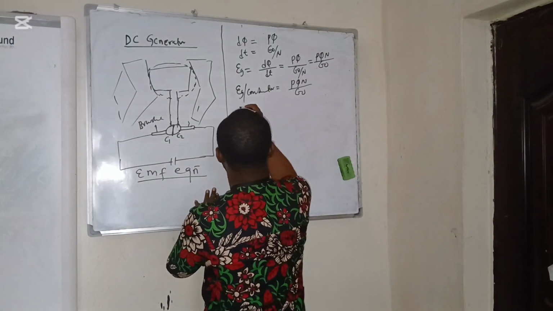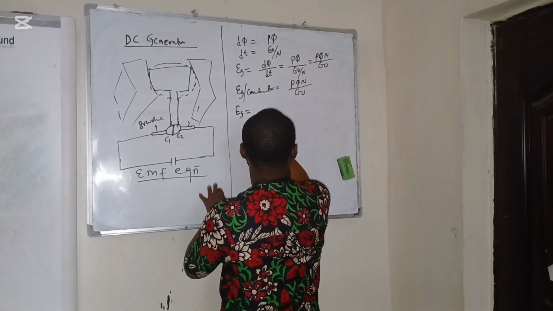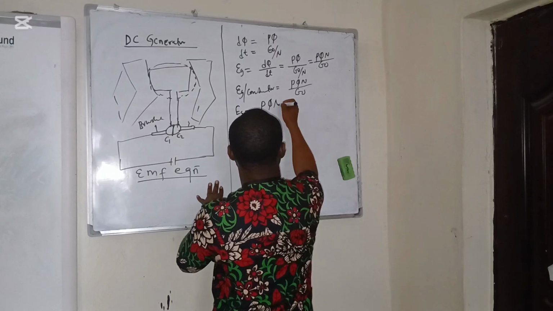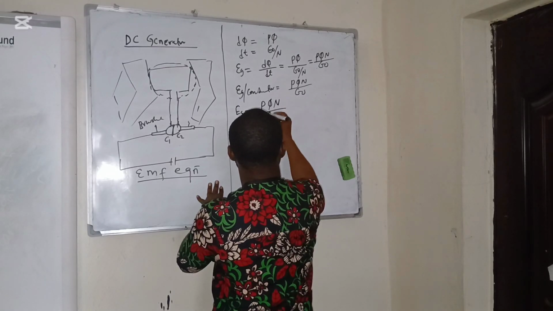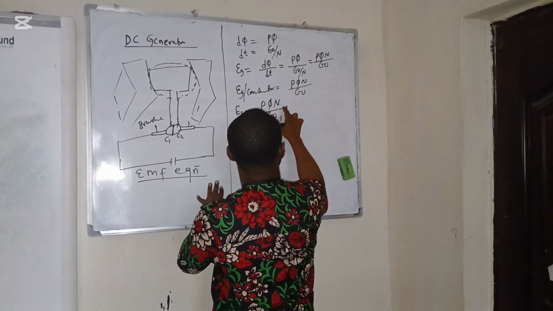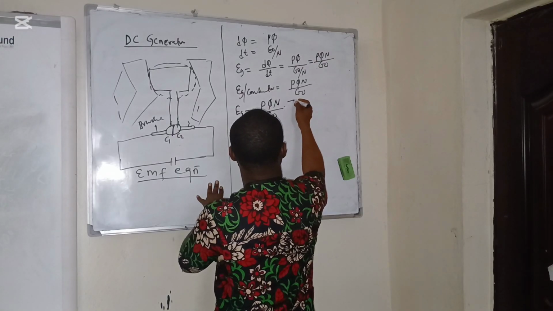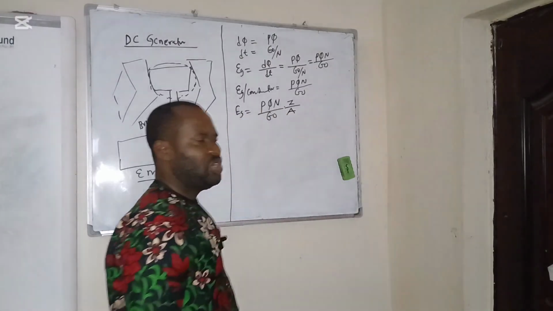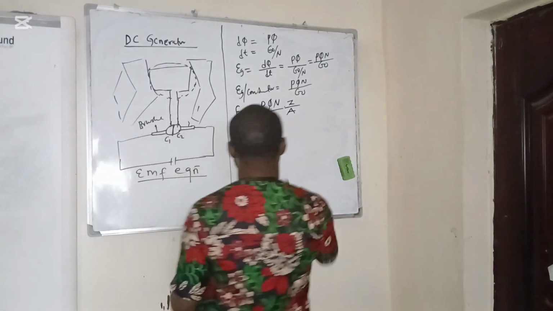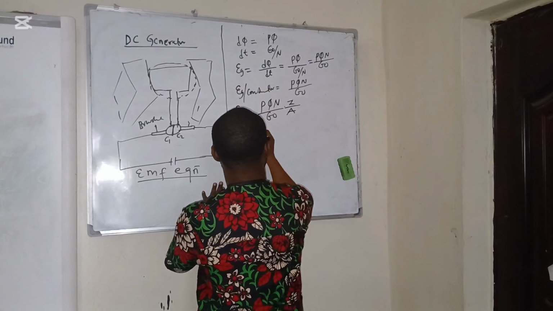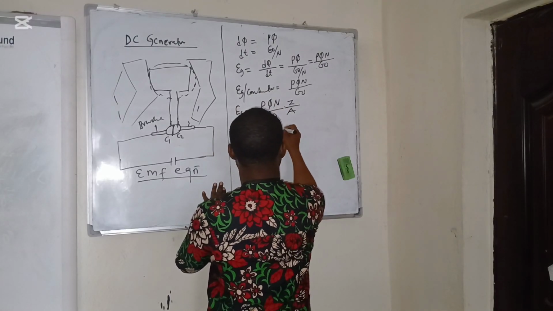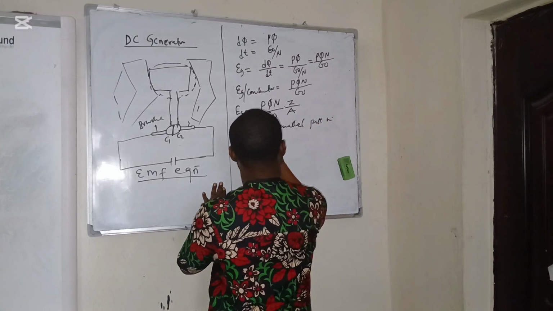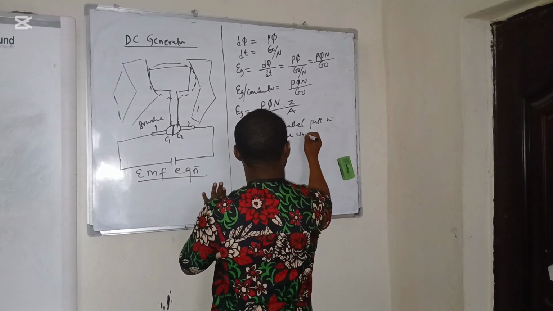So we have that the total EMF induced is number of poles multiplied with the flux multiplied with revolutions per second, per minute divided by 60, and you multiply with the number of conductors and also A. A is the number of parallel paths. A in this equation is the number of parallel paths in the armature winding.